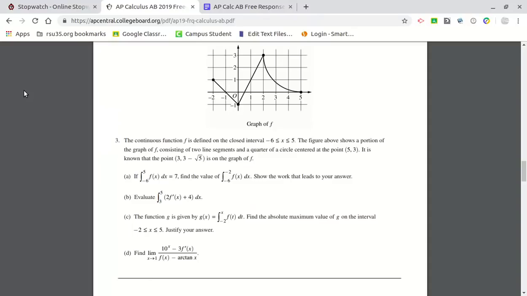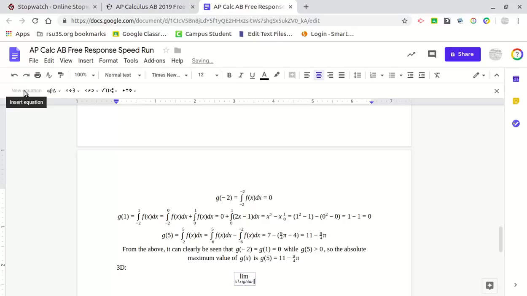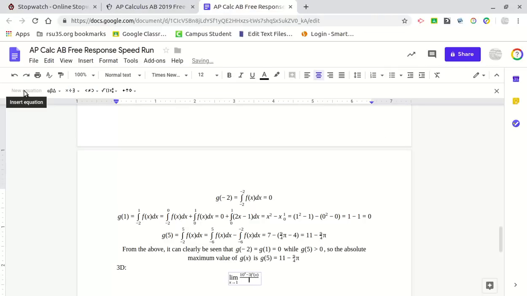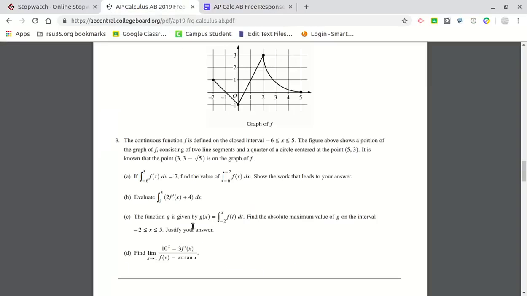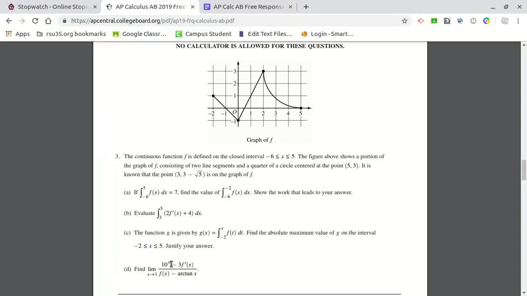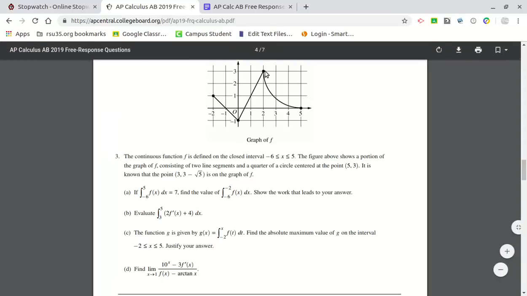So the limit, I'm just going to copy this because that's a lot to take in: the limit of 10 to the x minus 3f prime of x over f of x minus inverse tan of x. Thanks, College Board. So here you can see that at 1, our slope is 2.